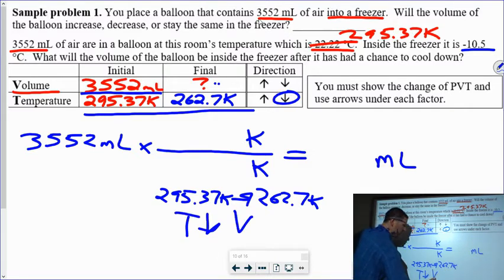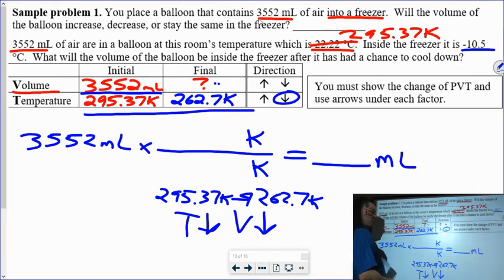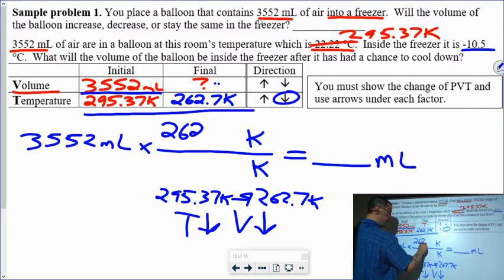So my volume should go down because they do the exact same thing. So how do I arrange these two numbers that when I do the math, I end up getting a smaller answer over here? If you want your answer to get smaller, you put the smaller of the two numbers on top. Want your answer to get bigger at the end, you put the bigger of the two numbers on top.